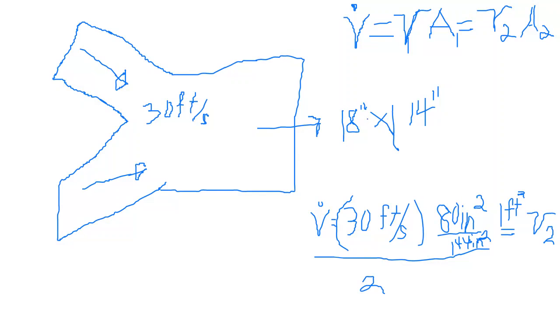So that's 252 inches squared, and that's also over 144 inches squared times 1 foot squared. All right. So what is V2?